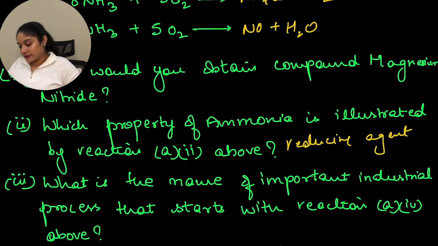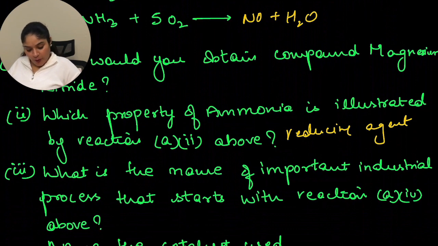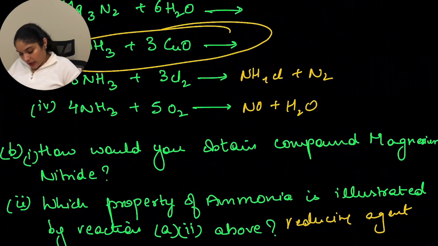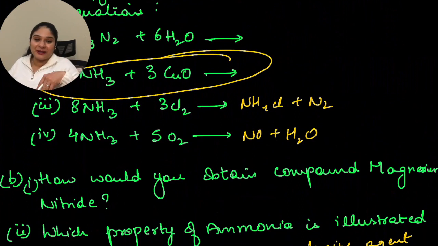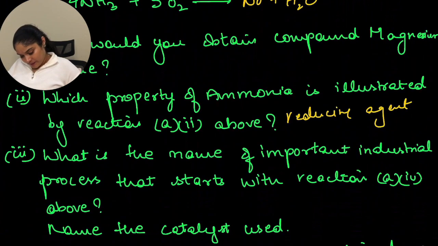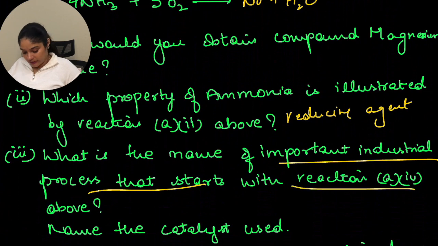The next is, what is the name of the important industrial process that starts with reaction A fourth part? In this one you have to pay attention that they are not talking about the manufacturing of ammonia. The question is saying, what is the name of the important industrial process that starts with the reaction above?